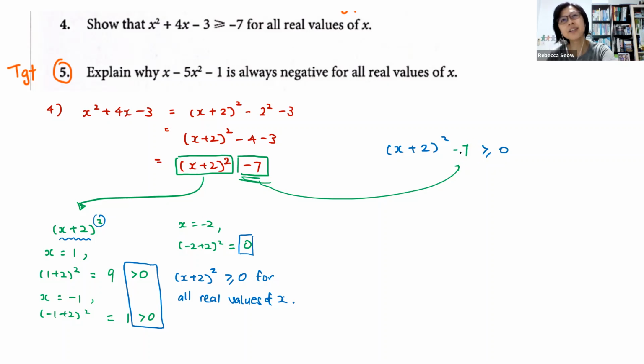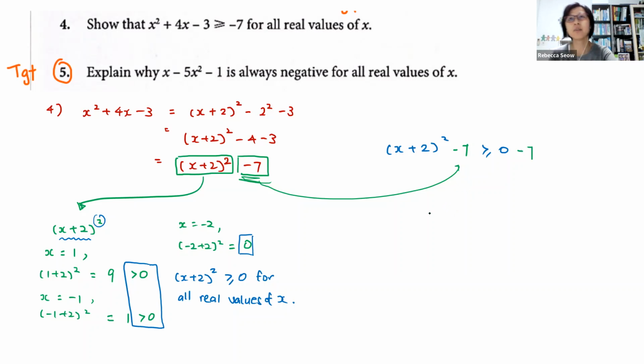When I bring in this, I'm putting the negative 7 on the left hand side of the inequality. I need to put it on the other side of the inequality as well. So the right hand side also doubles up with a negative 7.